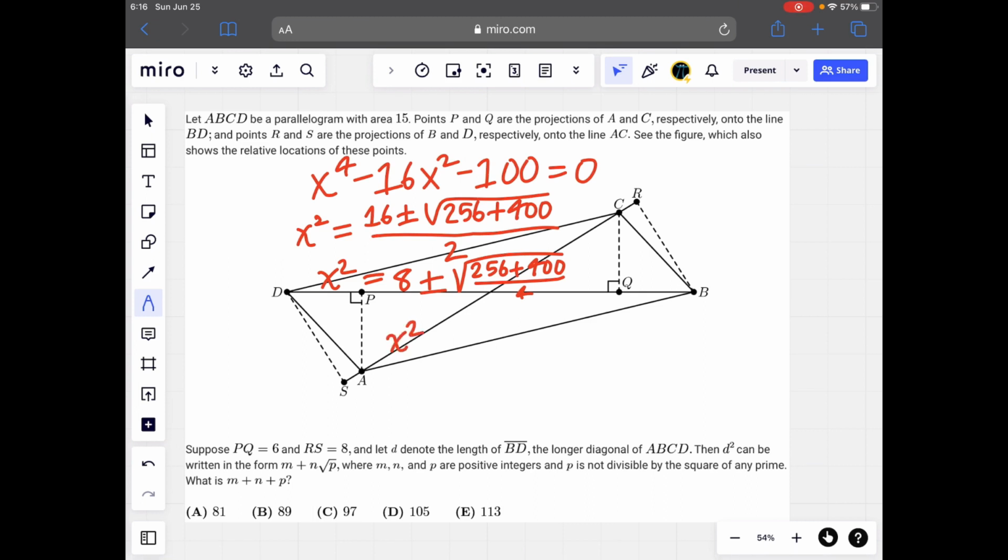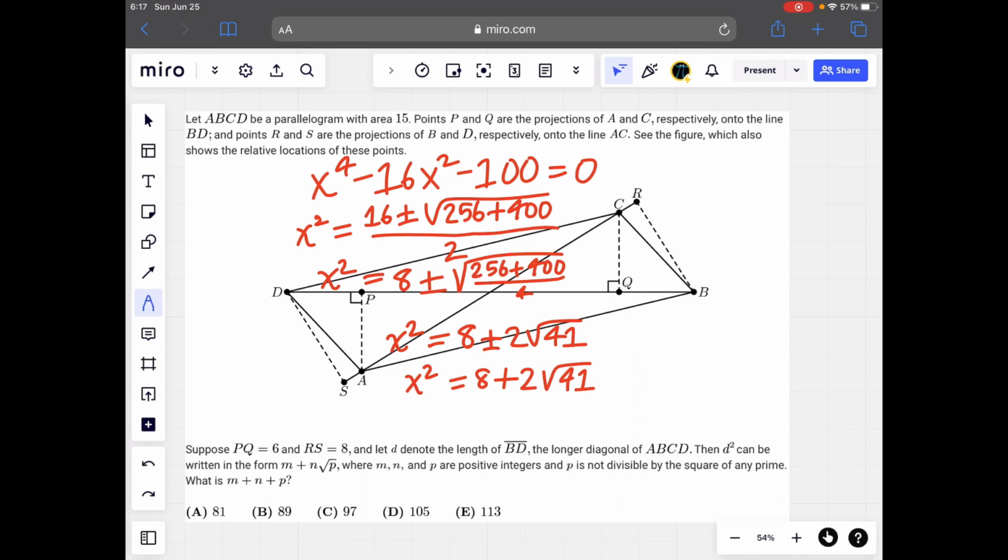So we have x squared equals 8 plus or minus 2 root 41. Taking the plus solution, we have x squared equals 8 plus 2 root 41. We don't want the negative solution because else x squared would be negative, which is not possible.